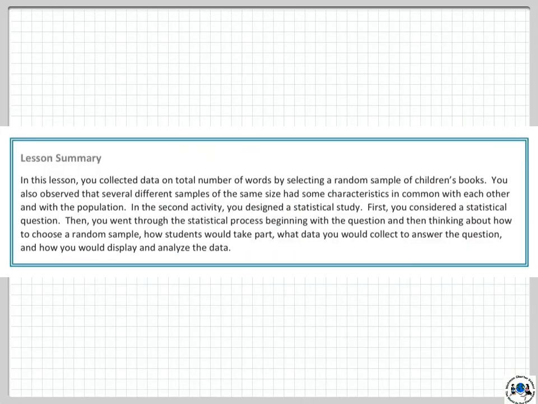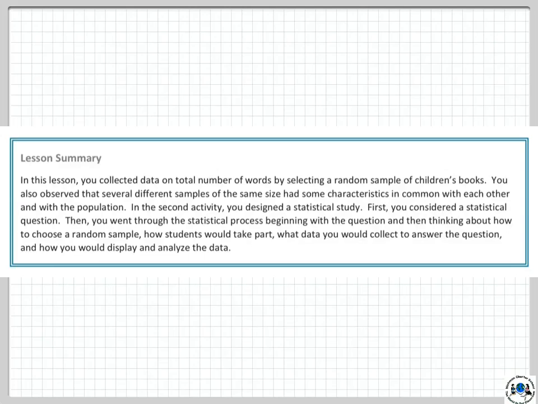So let's go ahead and close up. I really hope you find this statistics stuff interesting. If you embrace it now and understand what they're talking about, you will find this much, much easier in the future when you come across it again.